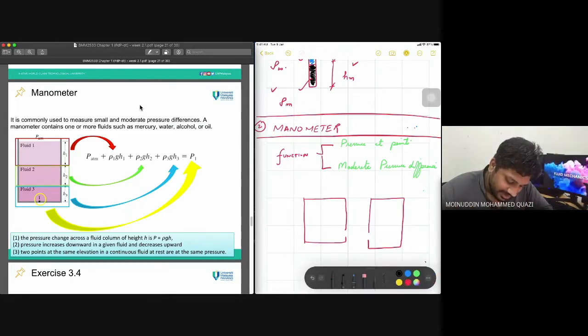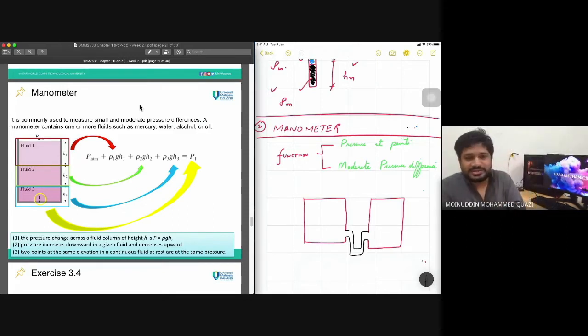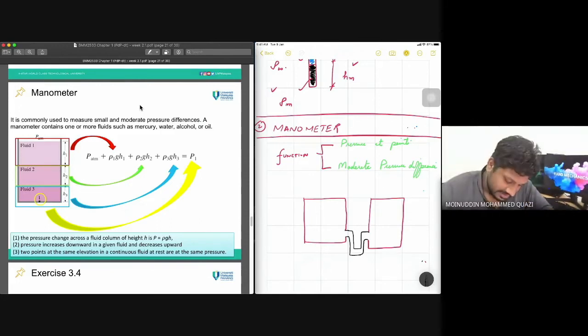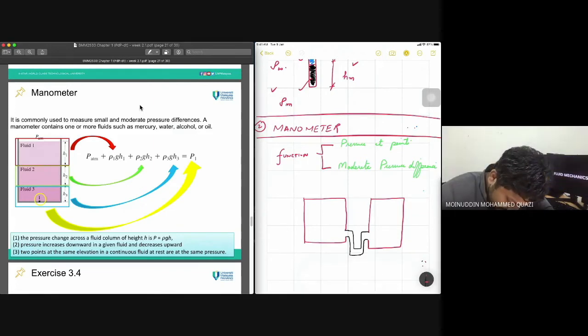Not the movies YouTube, but the U-tube manometer. I have connected that, and in this tube I put mercury. So I put mercury here.